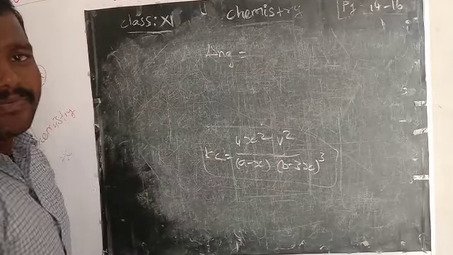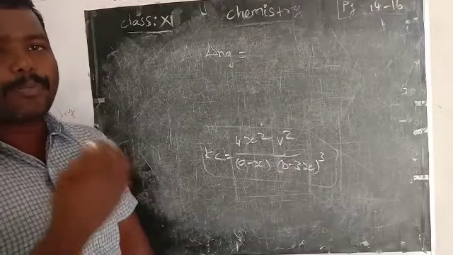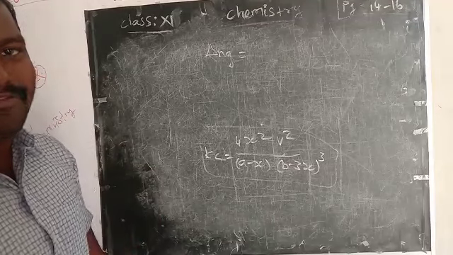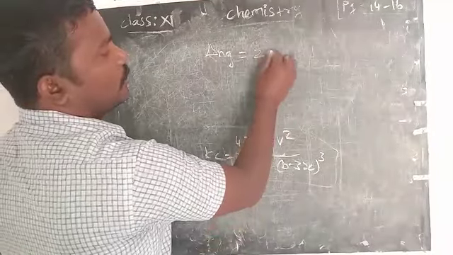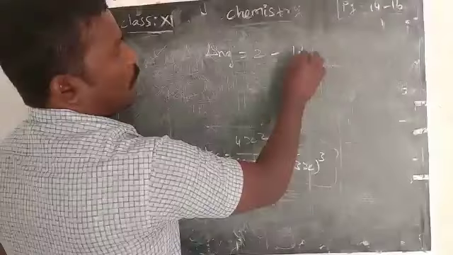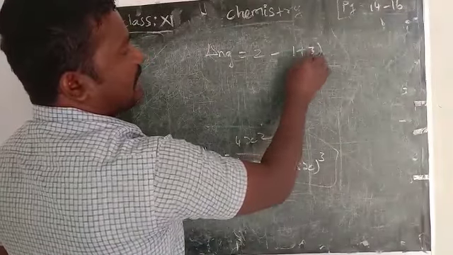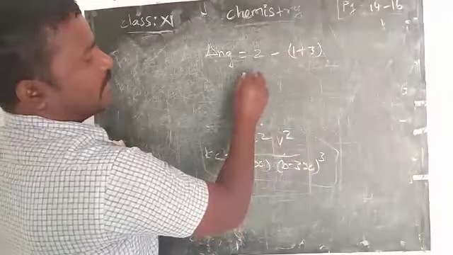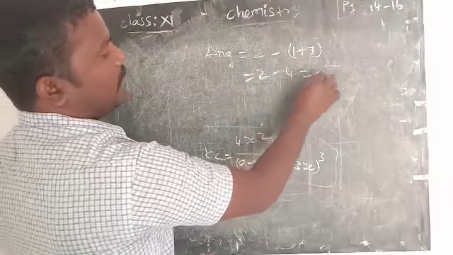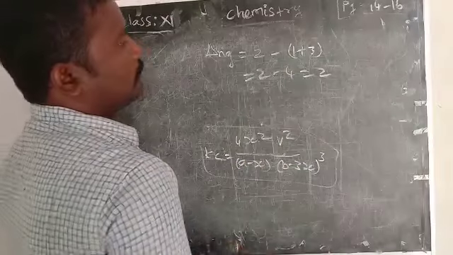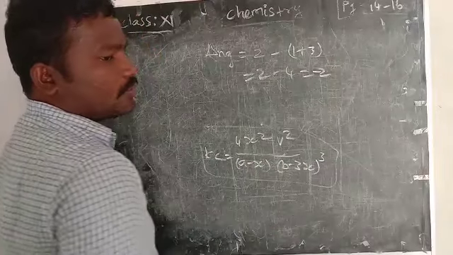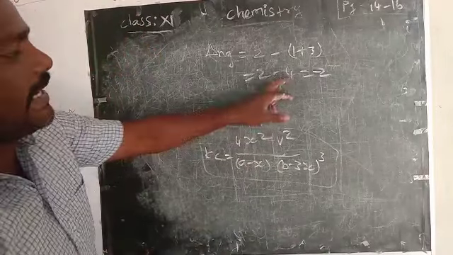What is the delta Ng formula? Number of moles of products minus number of moles of reactants. So number of moles of products, how much? 2, minus 1 plus 3 for the reactants, so 2 minus 4, that is minus 2.